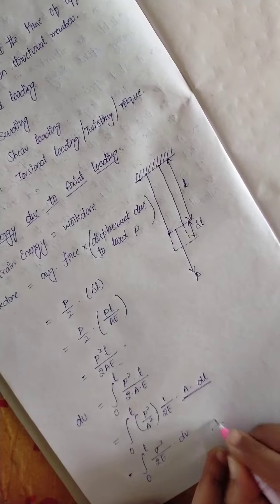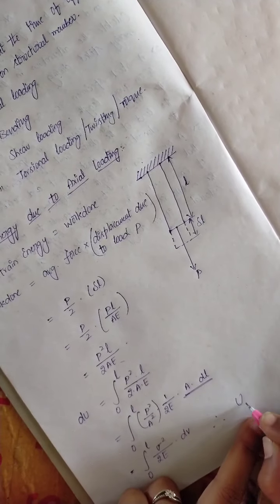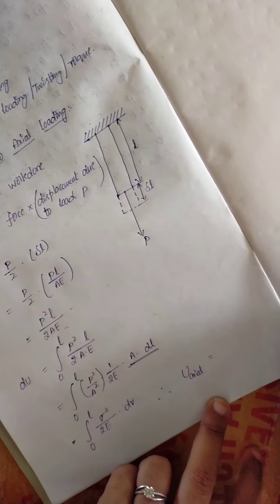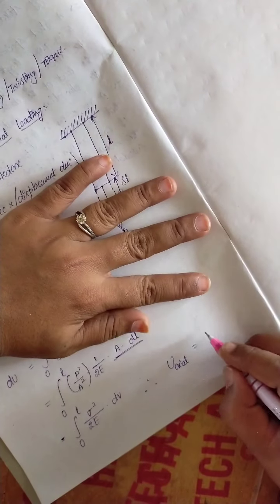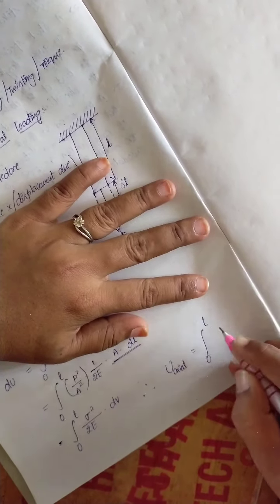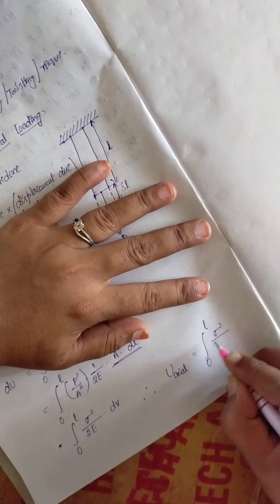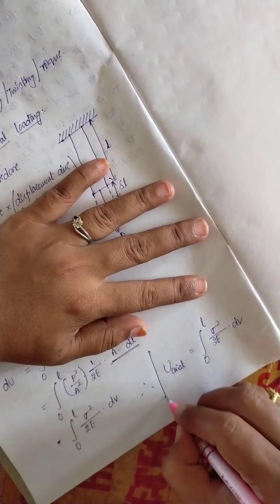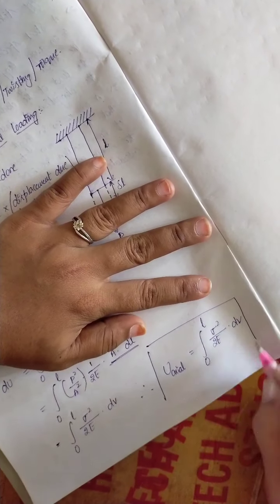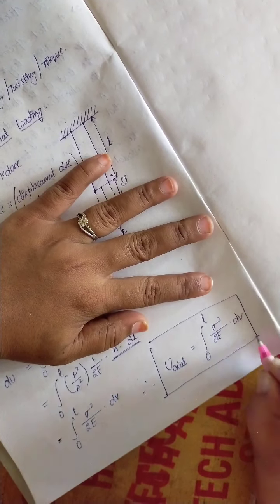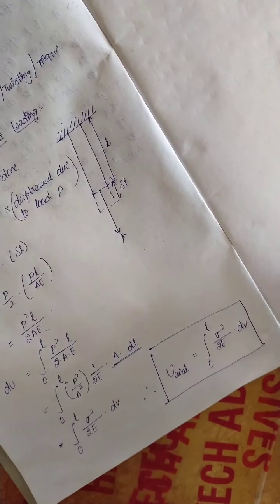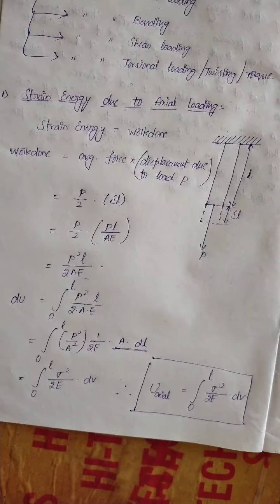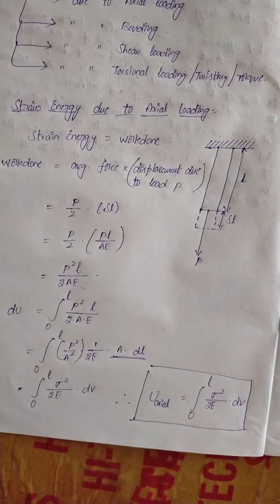So finally the strain energy formula due to axial loading is equal to the integration from 0 to L of sigma square by 2E into dV. So this is the formula for strain energy due to axial loading. Have a look at this complete derivation, then it will be clear for you.